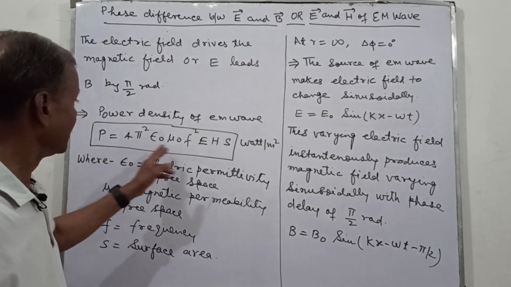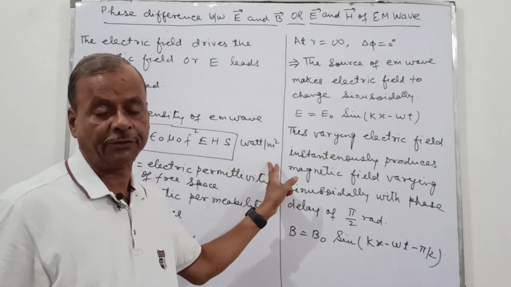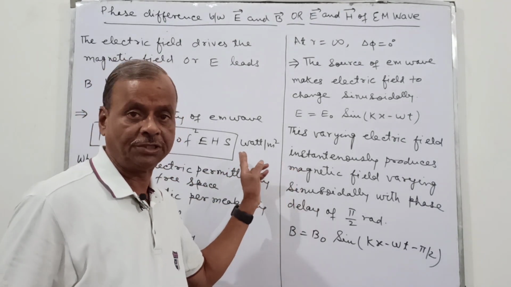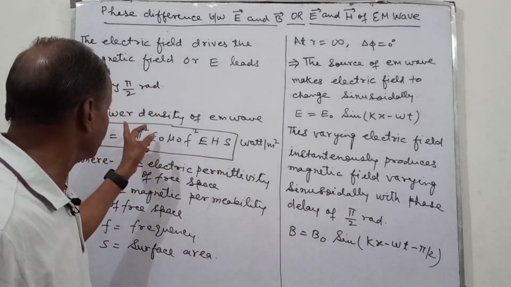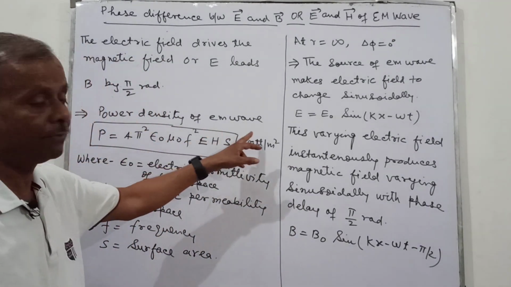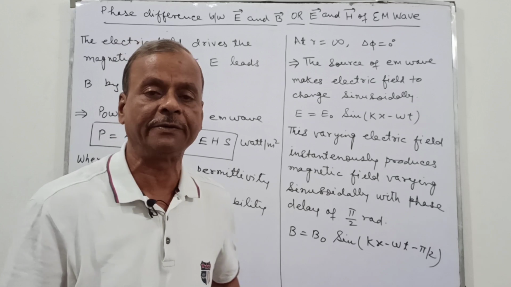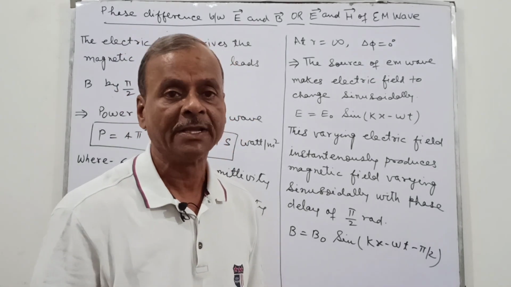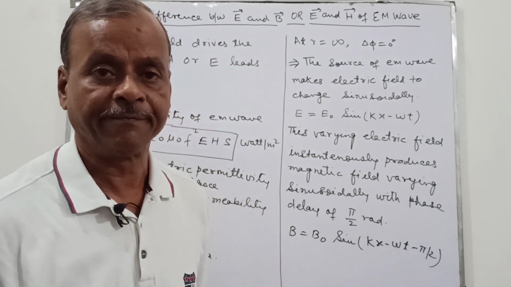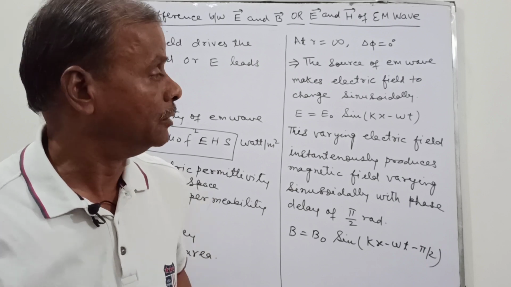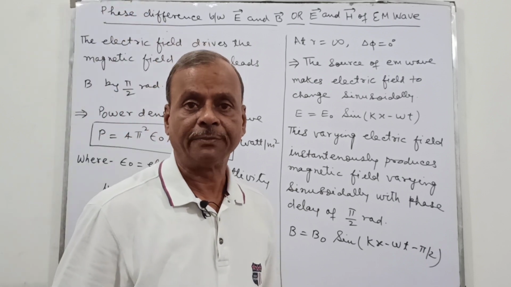This gives the power flow per unit area. So this is the formula for the power density. Whenever we say the power density of the electromagnetic wave, it means the power flow per unit area of the electromagnetic wave.